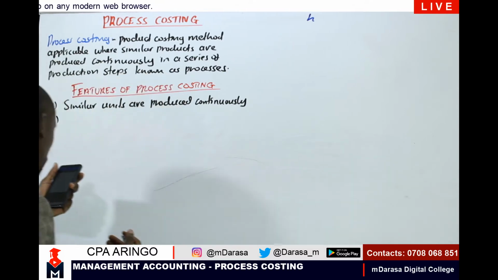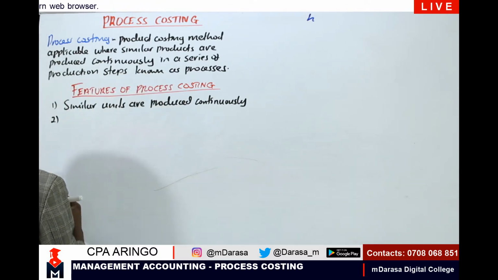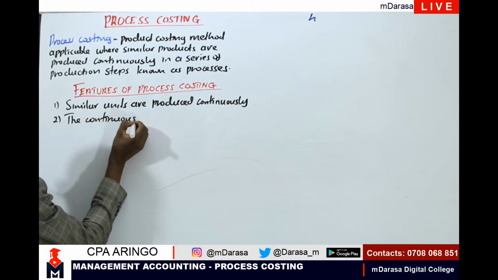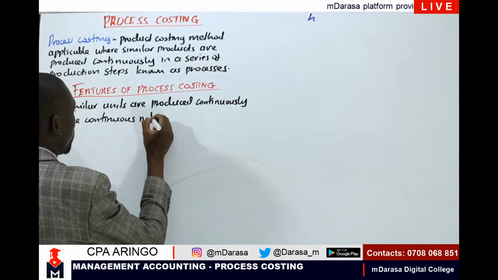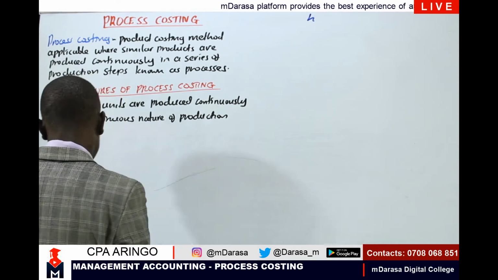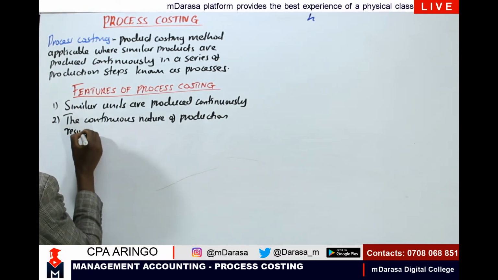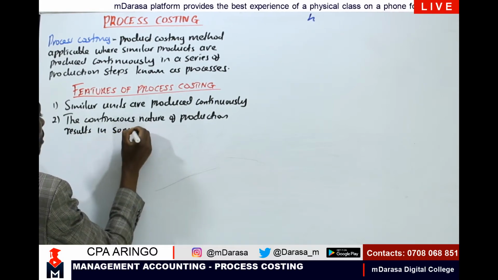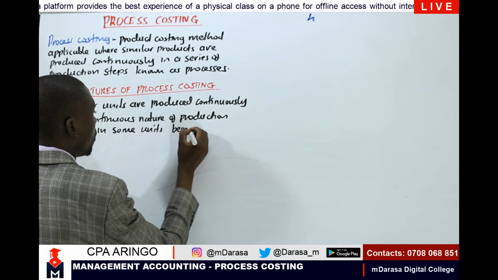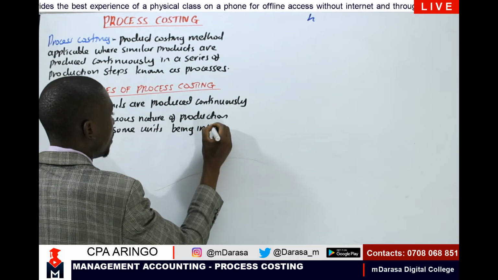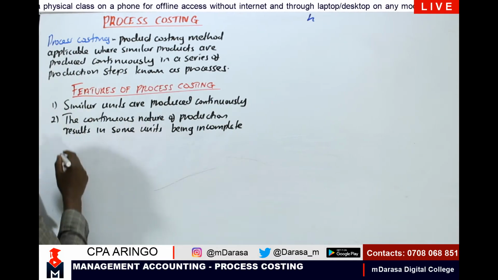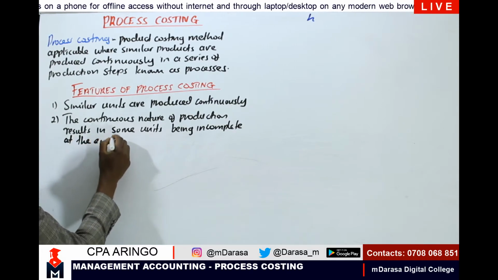Then number two feature of process costing, we normally say that the continuous nature of production results in some units being incomplete at the end of the period.